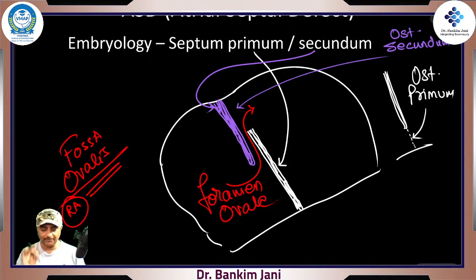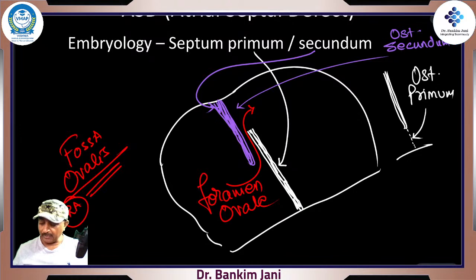So basically, what is the foramen ovale? Foramen ovale is the ostium secundum, which is between these two septums, the septum primum and the septum secundum. Now, if you really want to deviate from this, many combinations you can think of.